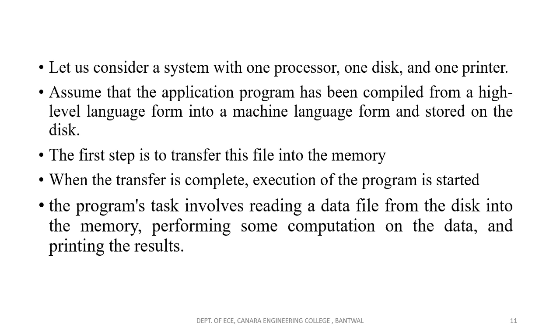The compiled file, which is in the form of a binary, has to be transferred to memory. When the transfer is complete, the execution of the program starts. The program's task involves reading a data file from the disk into memory, performing some computation on the data, and printing the result.